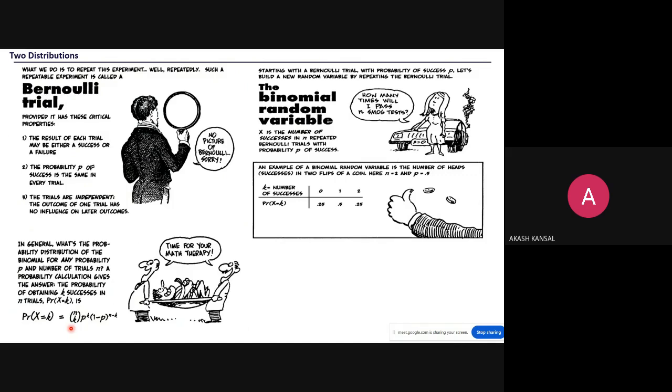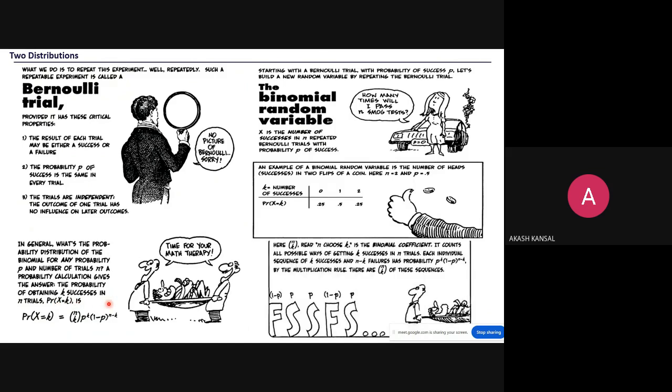This means N choose K. This is the same as, if you remember the formula in permutations and combinations, NCK. This is the same formula, okay? Into P raised to the power K into 1 minus P raised to the power N minus K. So N is the total number of trials and K is the number of successes that we want, right? So this is what we saw in the last sessions.